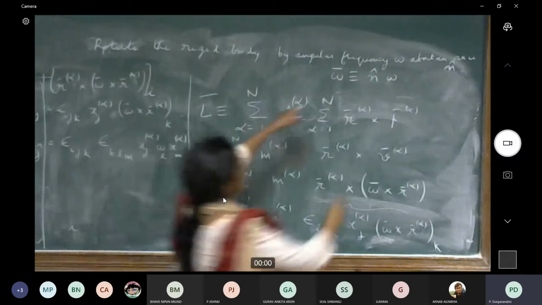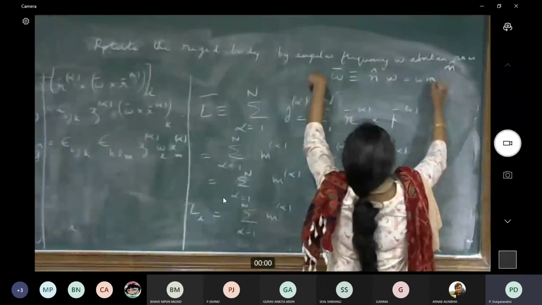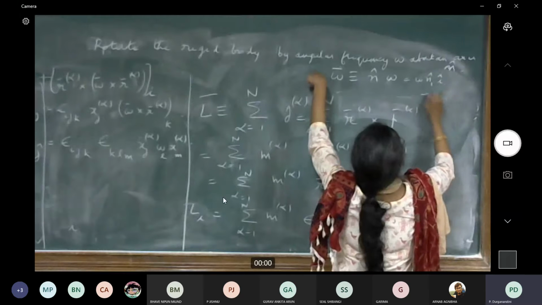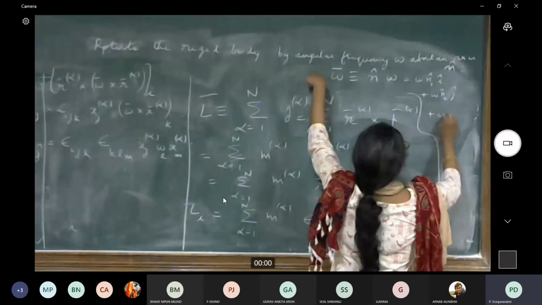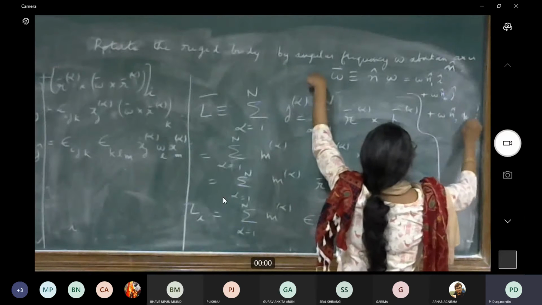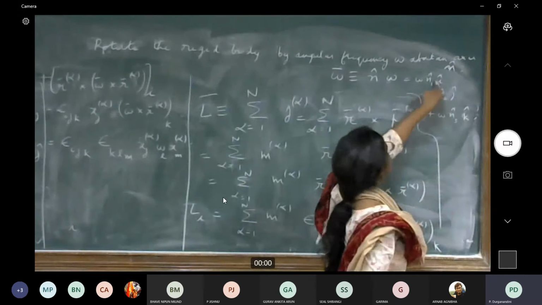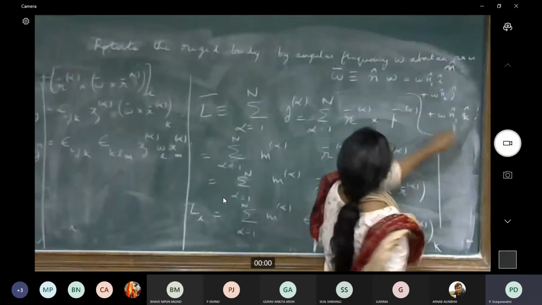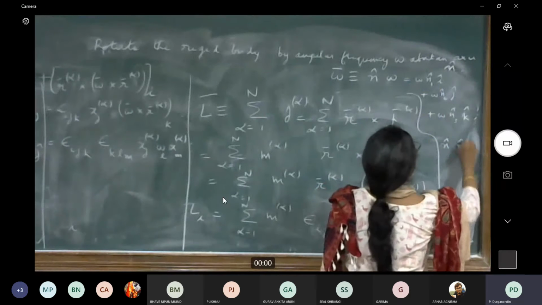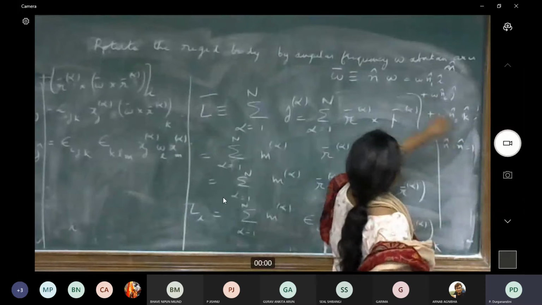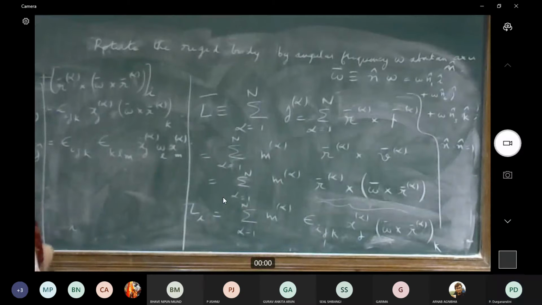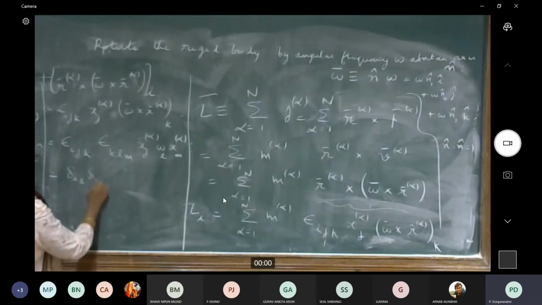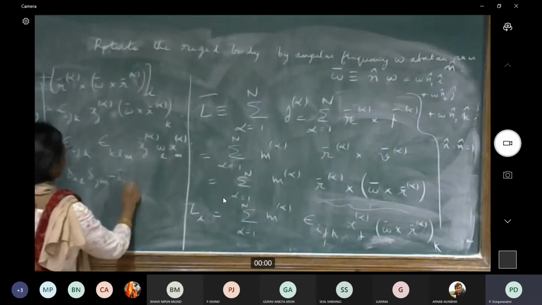By omega l I mean omega times n1 cap i cap plus omega times n2 cap j cap plus omega n3 cap k cap. So the components are omega n1 cap, omega n2 cap and omega n3 cap, where n cap dot n cap equals 1, and n1 cap, n2 cap, n3 cap are the components of the axis about which you are doing the rotation. Again you use the same identities which we have had earlier. I'm not doing it elaborately because we did this in the morning.